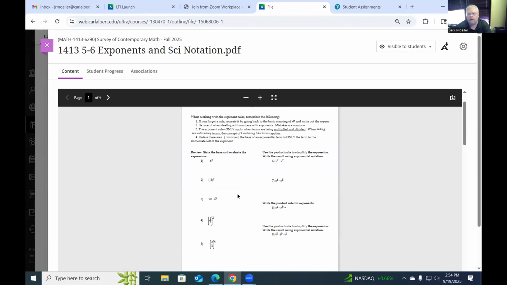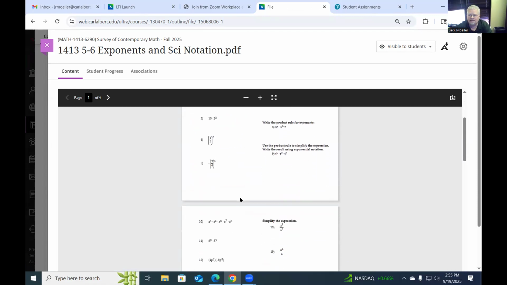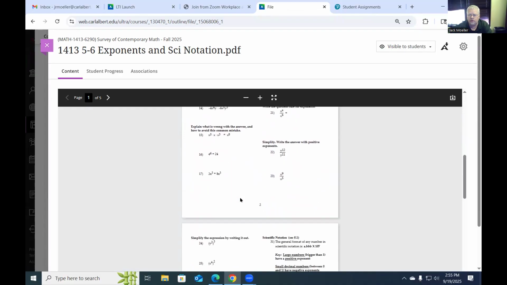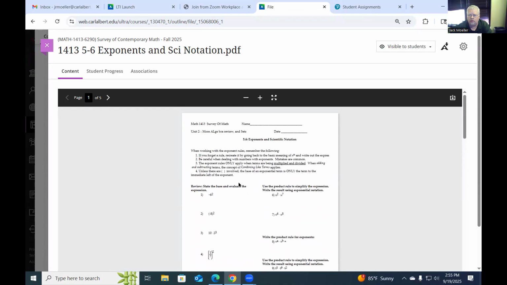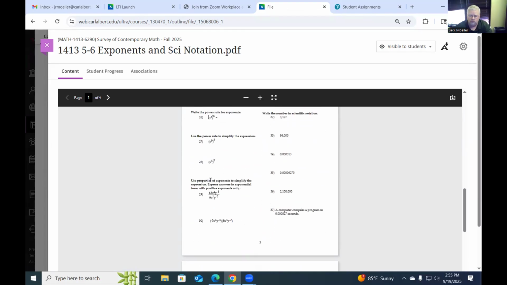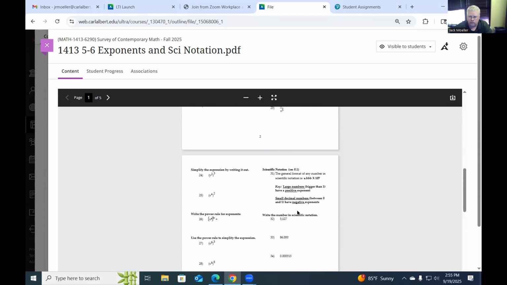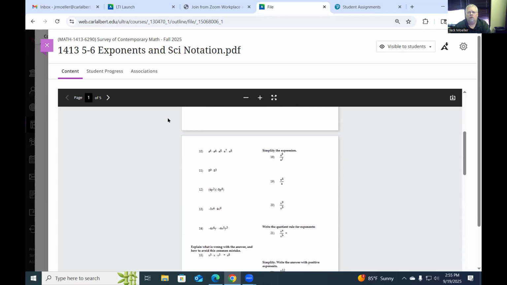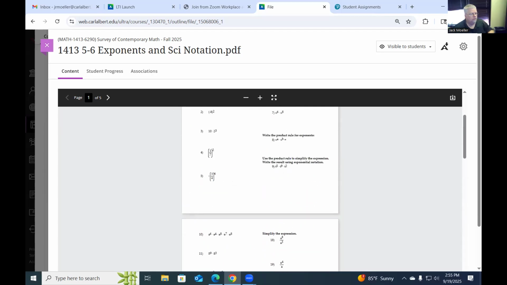And I will say that now that I've taught this in my in-person class, I realize this is an old version of the exponent notes. So I'm going to skip around a bit when I'm covering that. It has most information, but it needs to be ordered a little bit better, and there's a couple things missing. For the most part, we're using that. And then once we get into the next video with scientific notation, it'll be a continuation of the same handout. All right, so let's get into the notes.